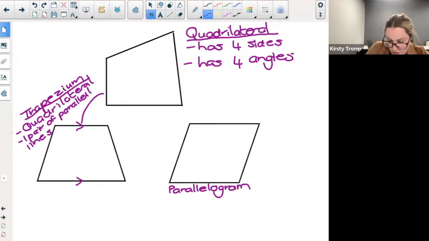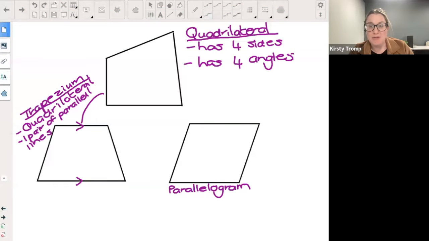A parallelogram. I am looking for somebody who can tell me something about the parallelogram that makes it a parallelogram. Lorona, what do you know about the parallelogram?